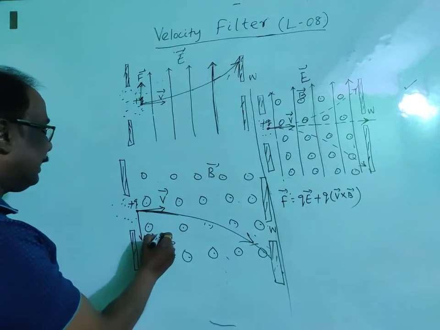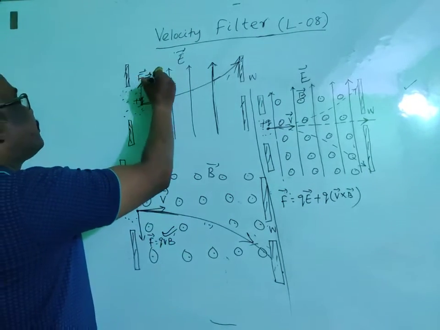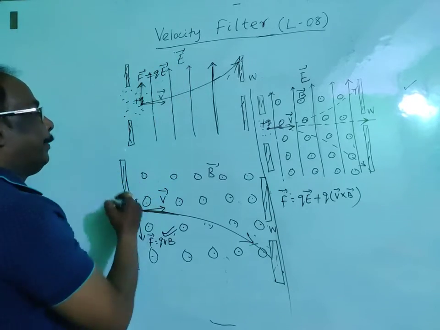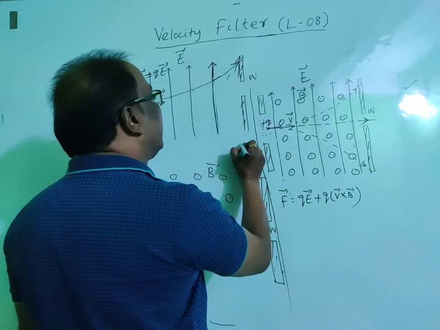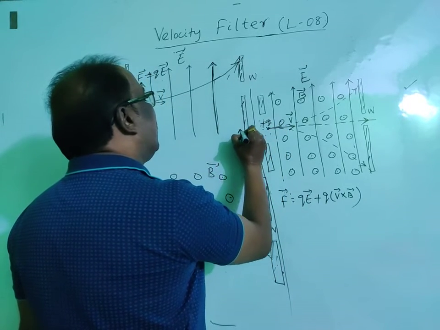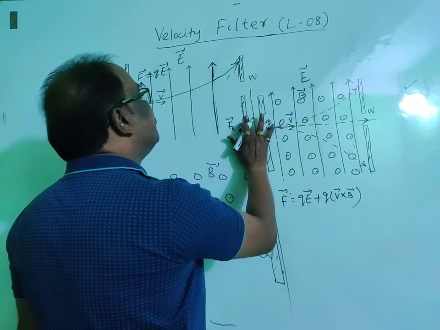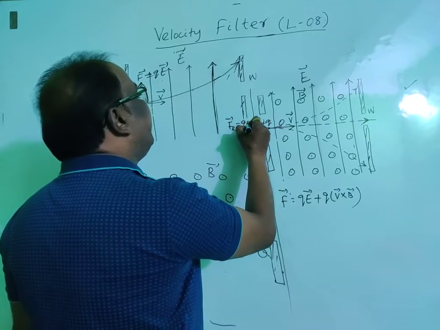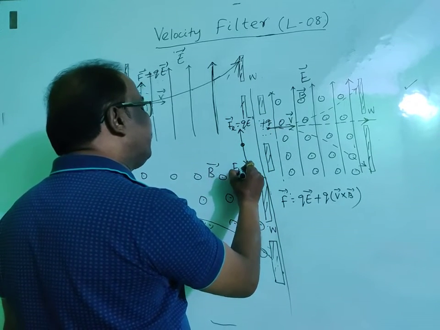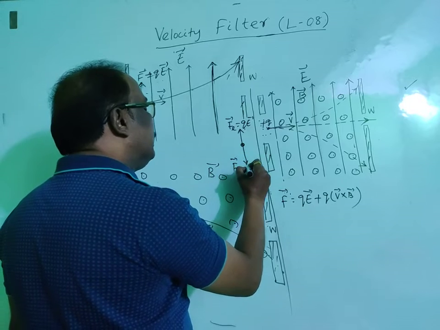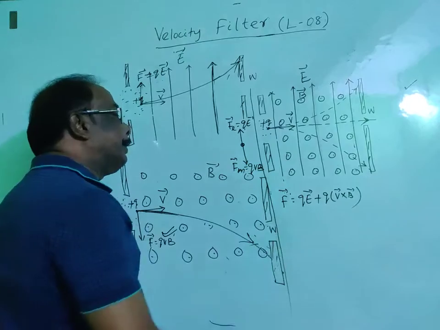So this is the direction of the magnetic force and this is the force due to the electric field. On this charged particle, in the upward direction the force is the electric force, that equals QE, and in the downward direction is the magnetic force, whose magnitude here is QVB.